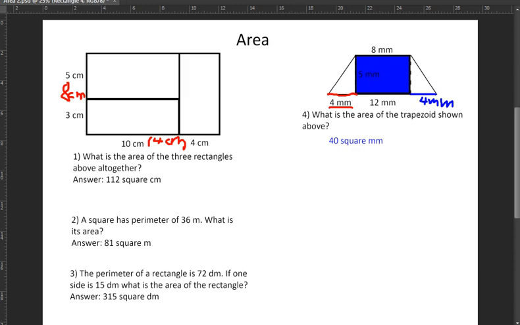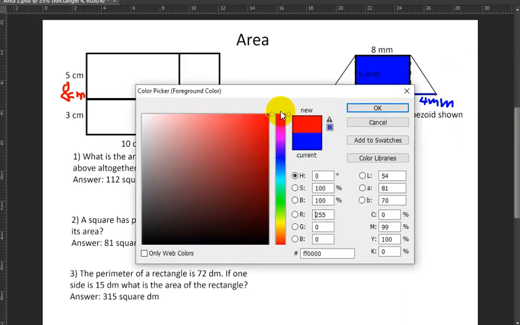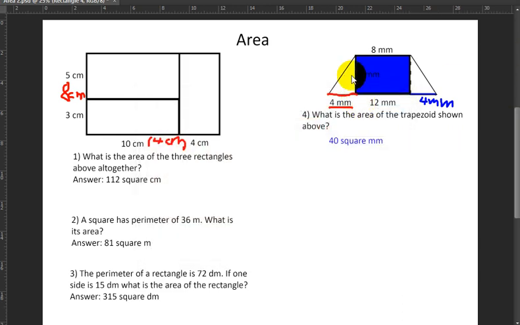Now let's find the area of one of the right triangles.